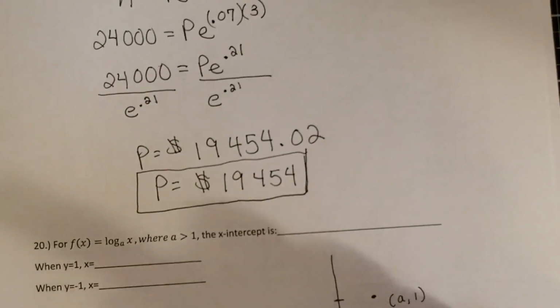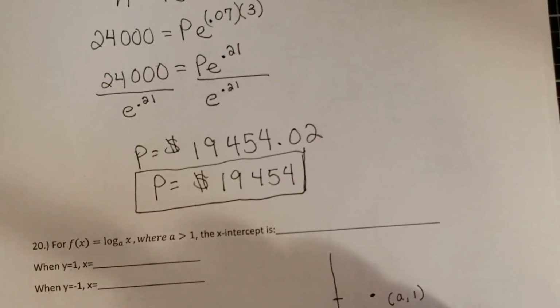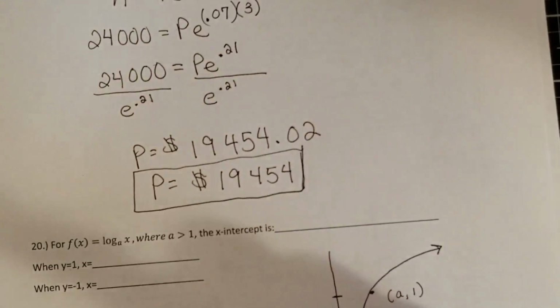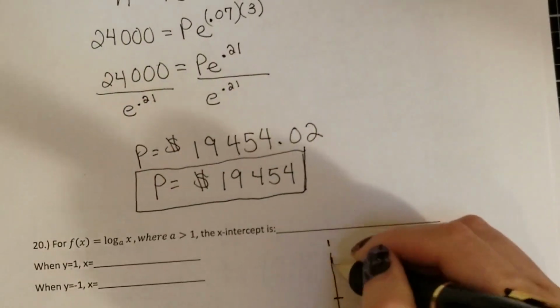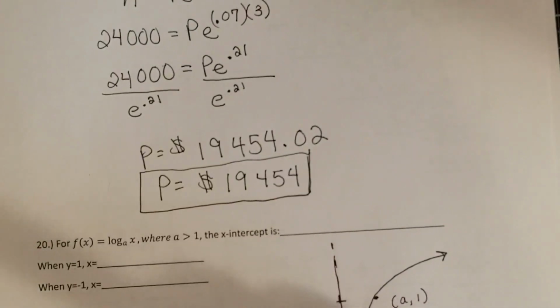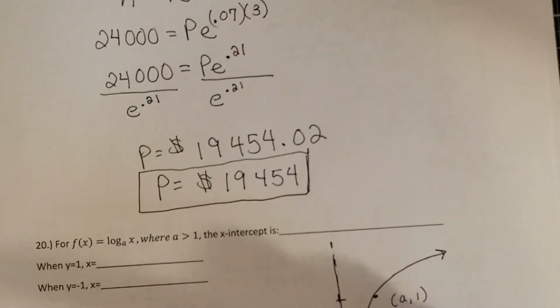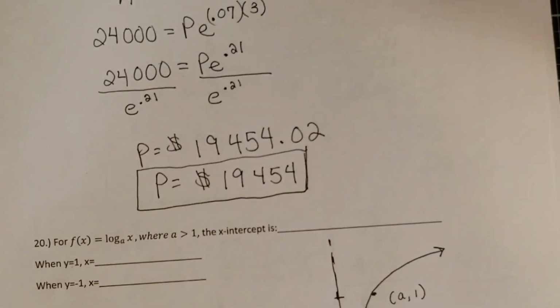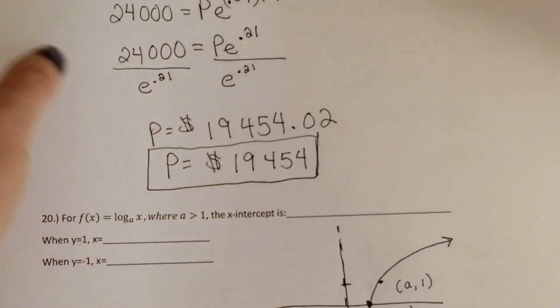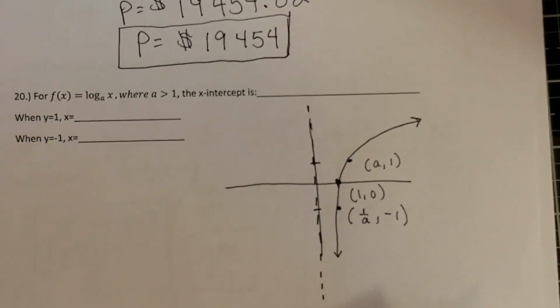Right here, this is going to be (a, 1). And then down here, that point right there, and basically the logarithm function will look like this. And there's an asymptote right here on the y-axis. This point right here is (1/a, -1). So this is literally just memorizing this diagram that was a picture that came straight from the math textbook.